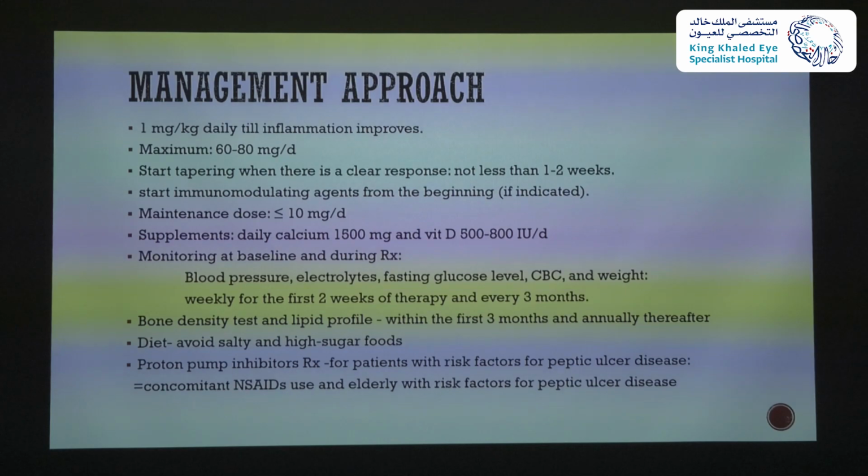It is recommended to be checked weekly for the first 2 weeks and then every 3 months. Also, bone density and lipid profile within the first 3 months and annually thereafter. Diet, it is better to avoid salty and high sugar food, and don't forget to prescribe proton pump inhibitors, especially for those who are prone to develop peptic ulcer.